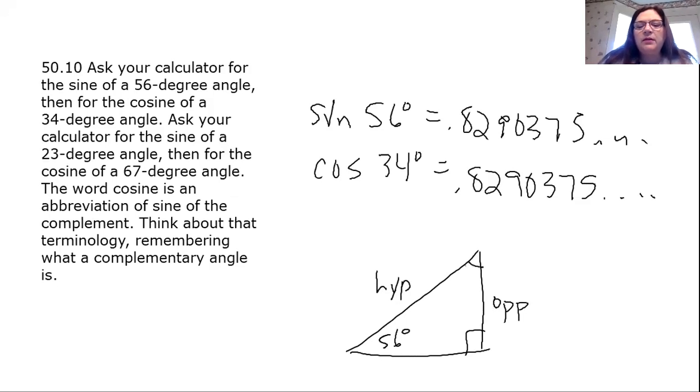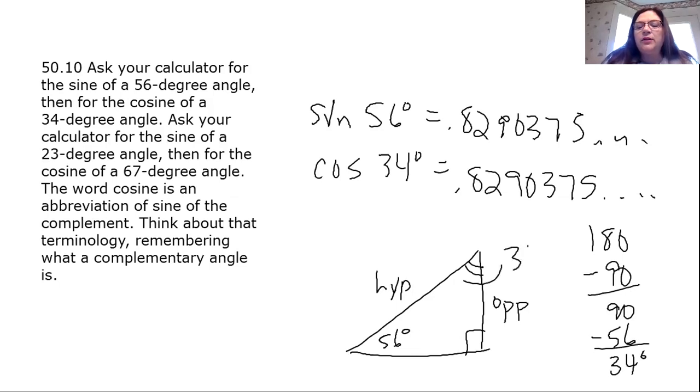What's the measure of this angle up here? I know that all triangles add up to 180. I've already got a 90-degree angle, so that leaves me 90 degrees left over. And if I subtract that 56 off, I get 34 degrees. This is the 34-degree angle.